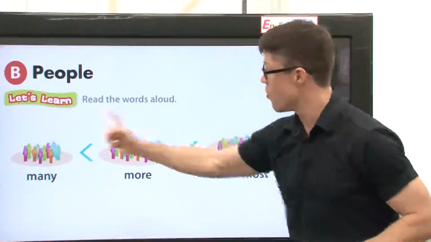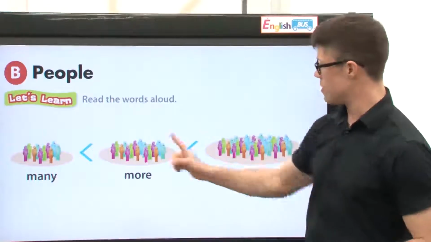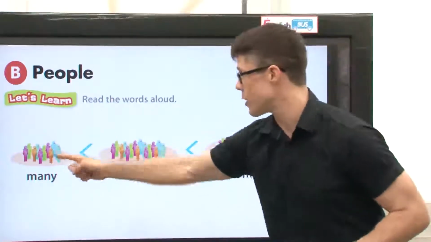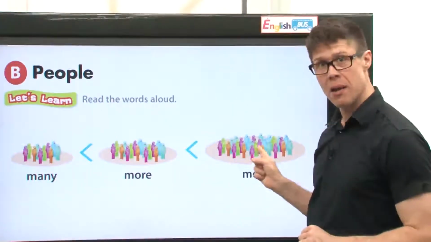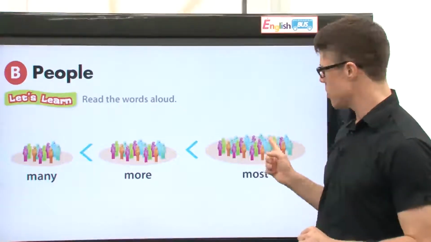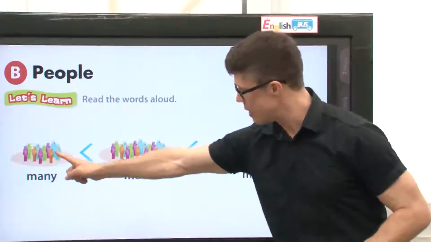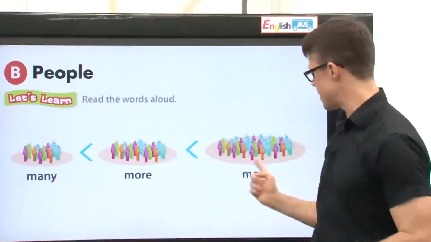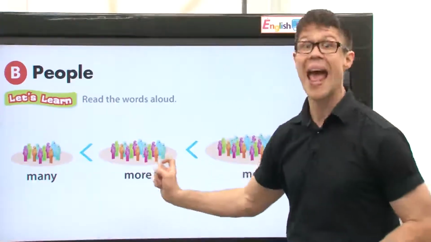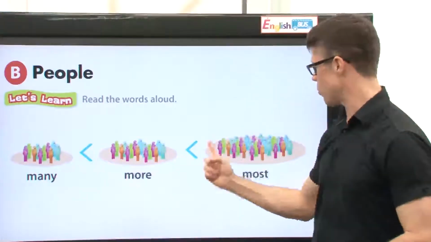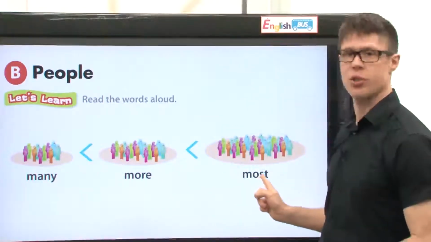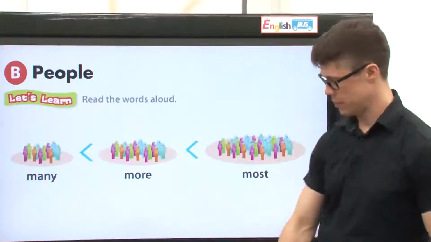This is the most, right? This is more than here and more than here. Number one, the most people. So this is the most.